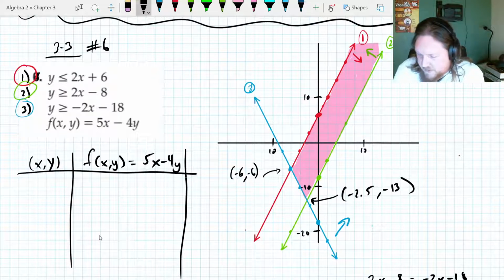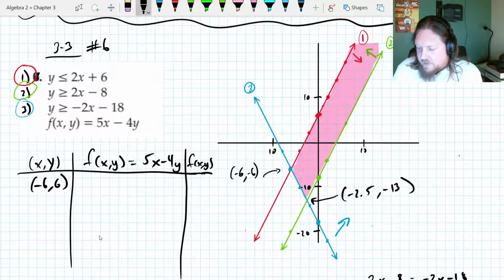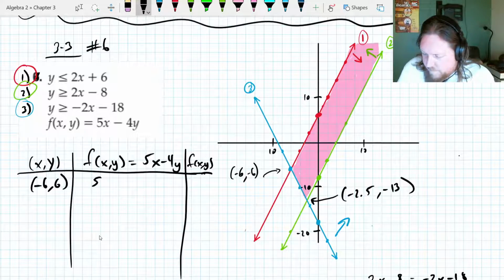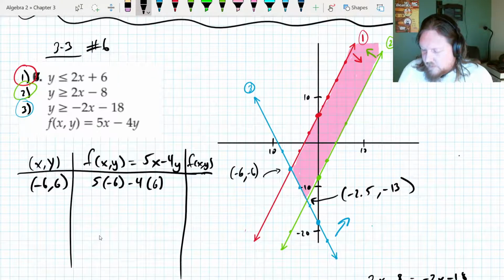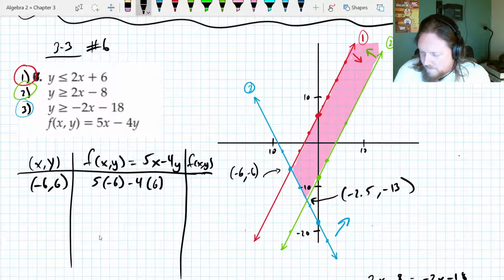So my first point I'm going to check is negative 6, 6. And I'm just going to write the result here on the side so that way it's a little bit easier. So I'm plugging it in. 5 times negative 6 minus 4 times positive 6. That's negative 30 minus 24.